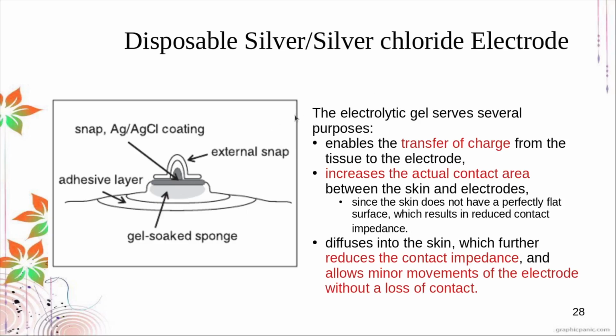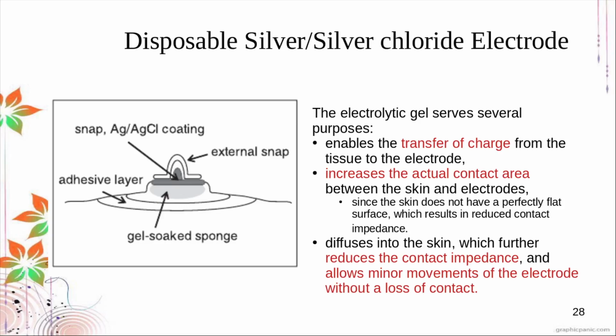Now, the electrolytic gel, as I talked about, serves several purposes. First, it enables the transfer of charge from tissue to the electrode. Then, it also increases the actual contact area between the skin and electrode. Of course, our skin is not a smooth surface. I'm not saying that your skin is naturally not smooth, but if you look at the microscopic image of the skin, there are pores and holes in there.